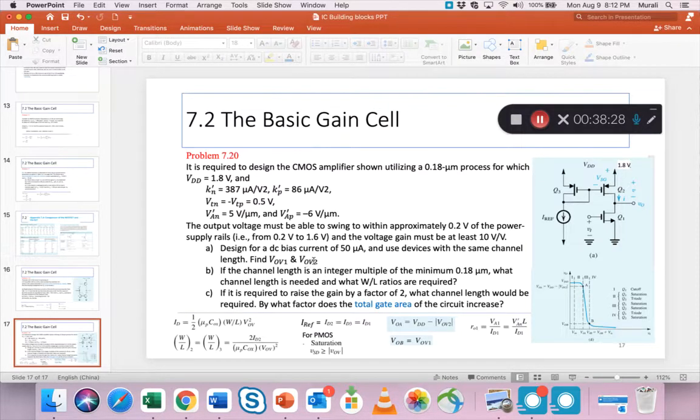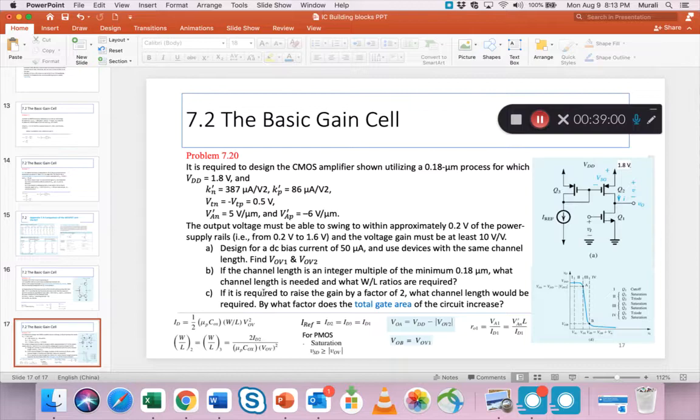Find OV1 and OV2 basically. When they say design, that's what it means. We are given VOA, VOB, what it should be. So find OV1 and OV2 in this and this. If the channel length is to be an integer multiple of the minimum 0.18, so we are given this, so integer multiple, what channel length is needed and what W by L ratios are required.